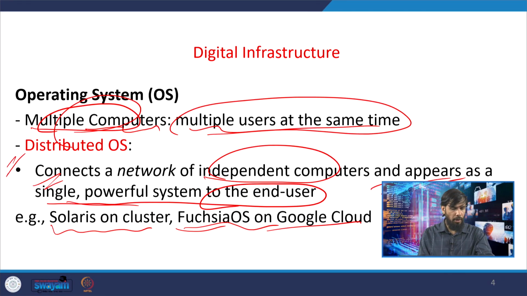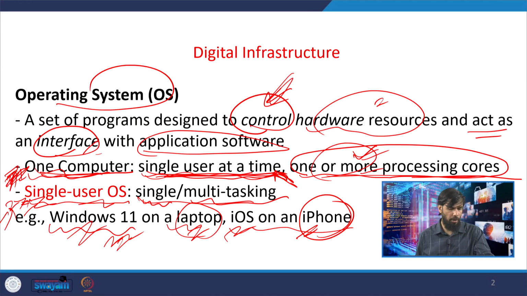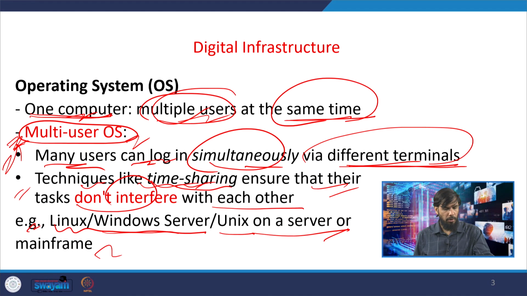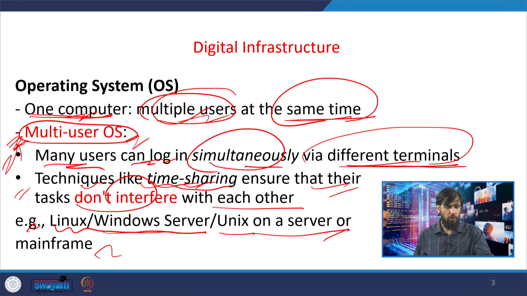Now compare what we talked about: distributed OS versus multi-user OS or single user OS. In a distributed OS we have multiple computers and multiple users, and the distributed OS presents it to the end user as one single system. In a multi-user OS, there is just one computer, but multiple users logging in at the same time.